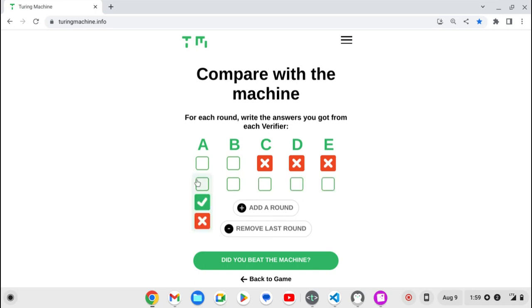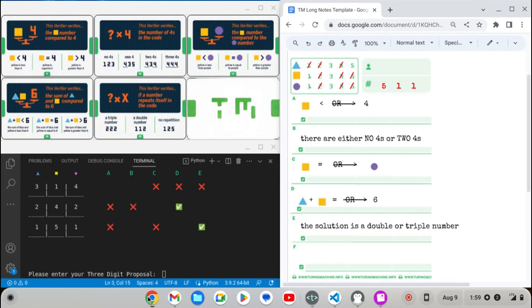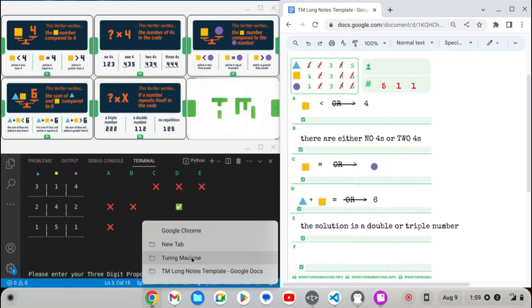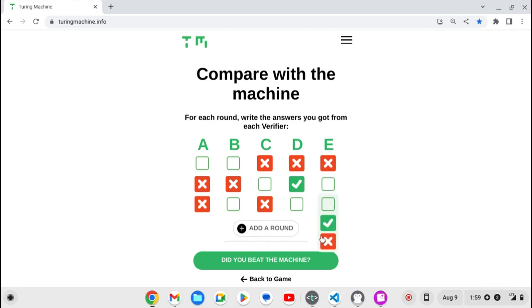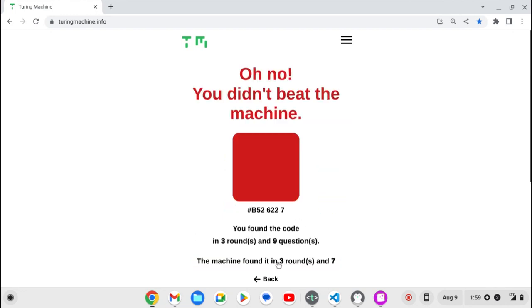And then A, B, and I think we did D again. We did do D, and it was correct. And then we did AC, and both AC were wrong. But we finally got E to be correct.